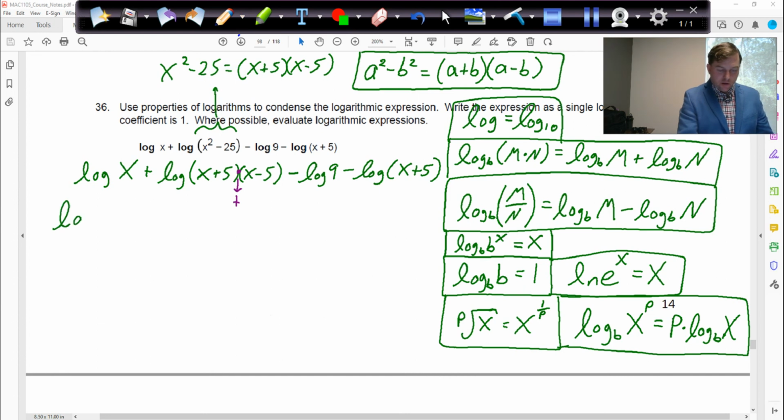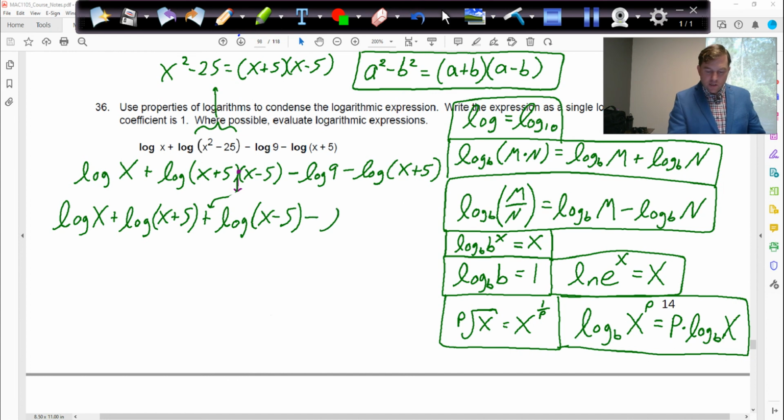So we have log x plus log x plus 5 plus, from this one right here, log x minus 5 minus log 9 minus log x plus 5.